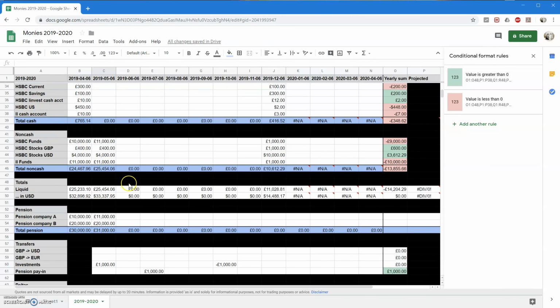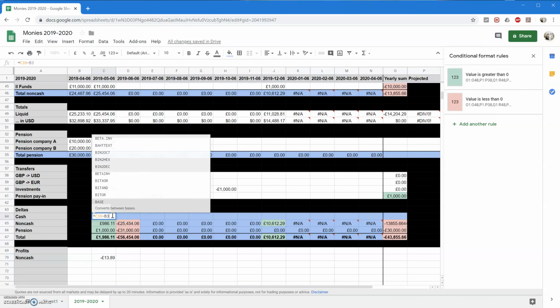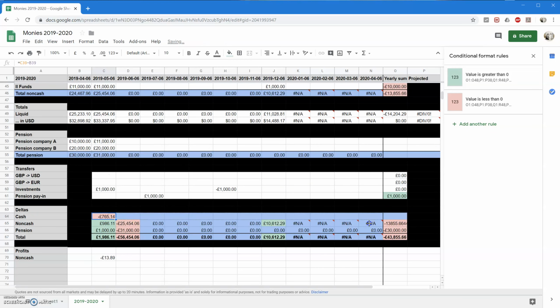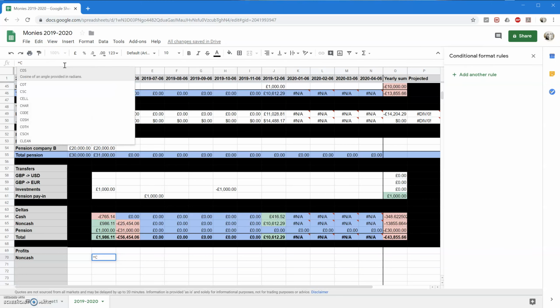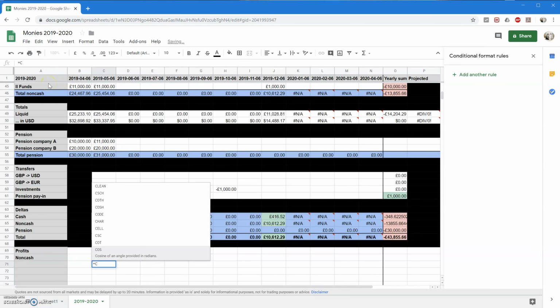Okay, for cash, that is line 39. So we can actually take the total here, C64 minus C60. No, plus. C64 minus C64.